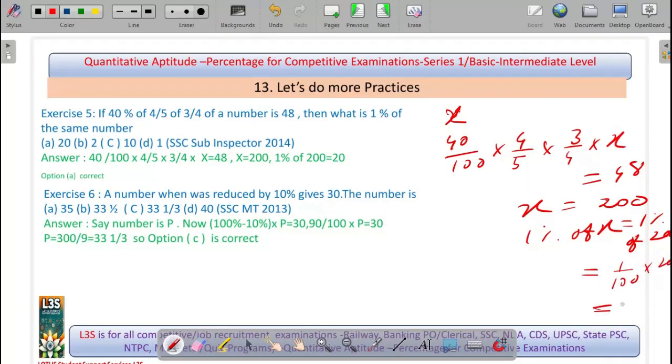That means 1% of 200 will be 2. So option B will be the correct answer. This will be the correct answer, option B.